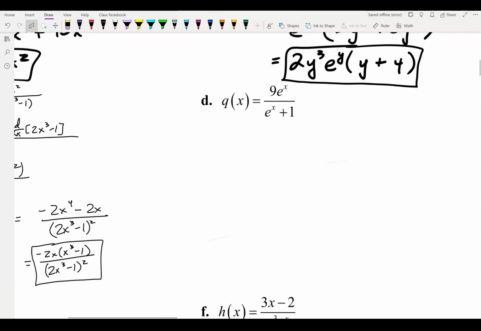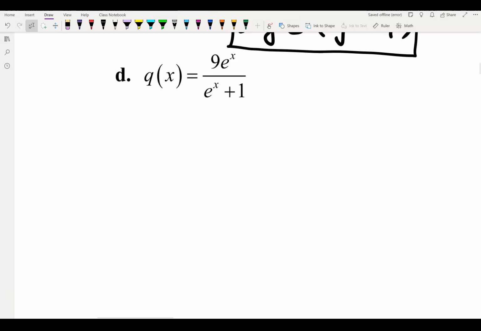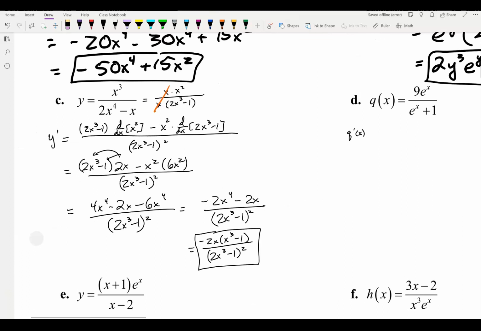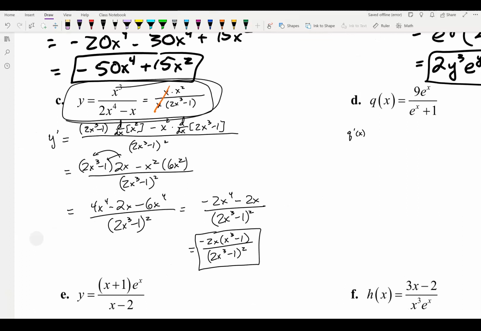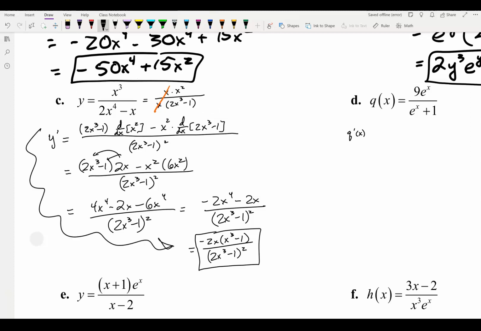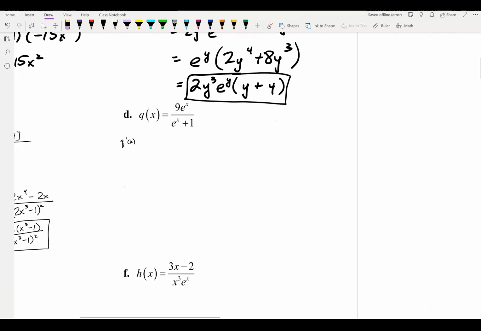All right, onward to part D, another quotient rule, this time involving e to the x. So we're going to have q prime of x. Always label the fact that you are now writing your derivative, right? Kind of like I did back here. This was all the function y, and it's clearly labeled as such, and all of this is our function y prime, the derivative, and it's clearly labeled as such.